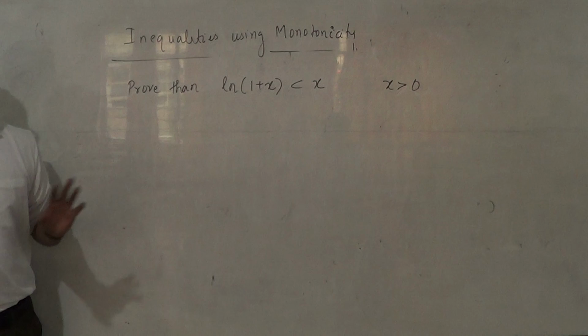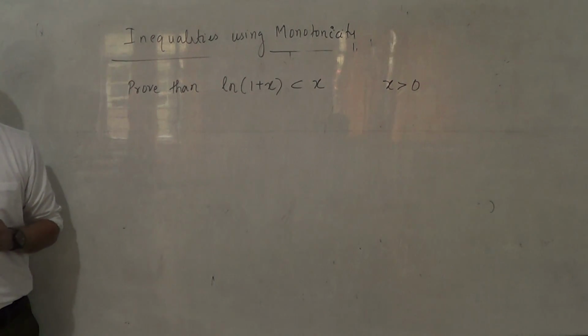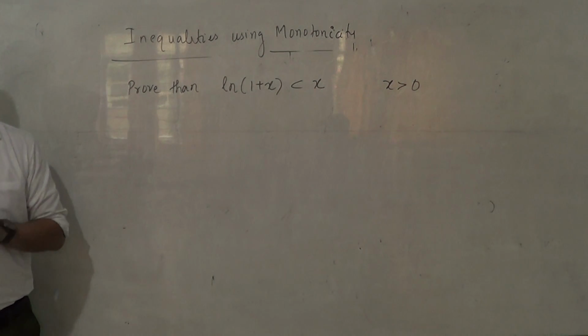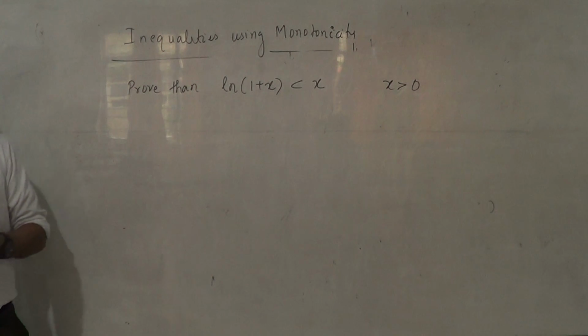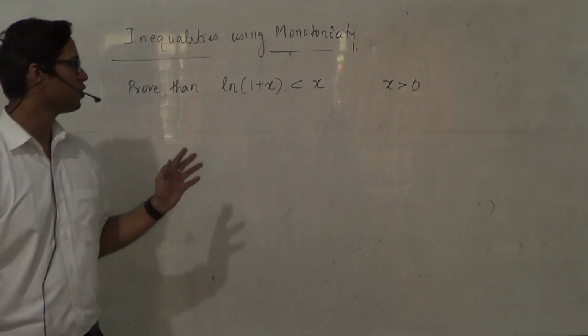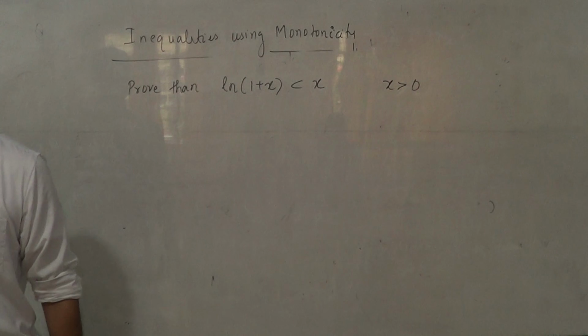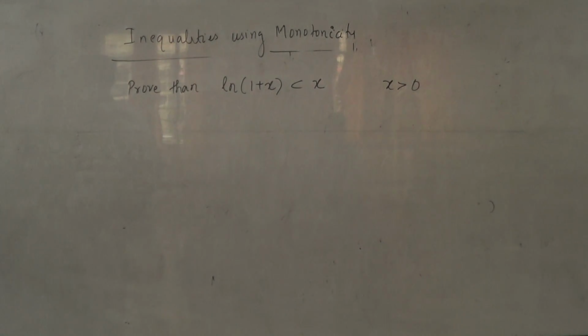Now, graphically you can show this very easily, but let's say I have to do this using calculus. Many questions based on inequalities of functions are framed on the concept of monotonicity. Prove that ln(1 plus x) is less than x for x greater than 0.